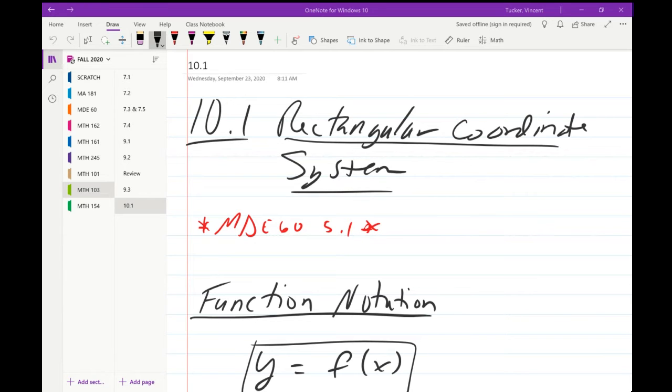We'll talk about 10.1. When you go into WebAssign, by the end of the day, you will have chapter seven review and test, which has been posted already, but also chapter nine's test review and test, because we've done all of chapter nine.